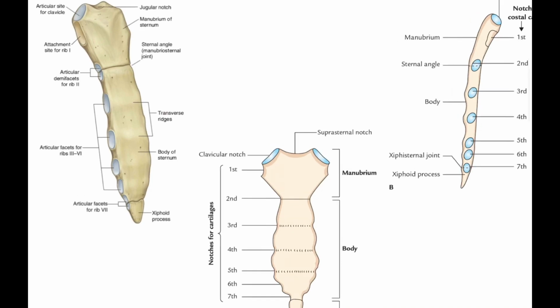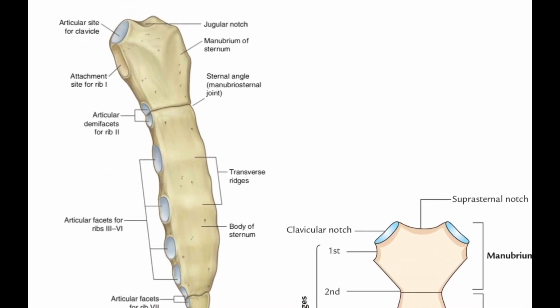The lateral border presents two articular facets, facet 1 and facet 2. The word facet means a joint where two or more bones are joined. The joints in the spine are commonly called facet joints.